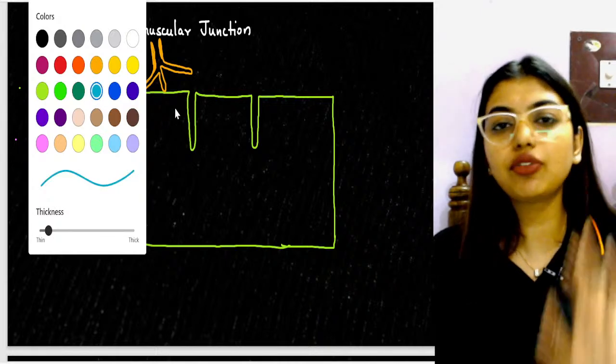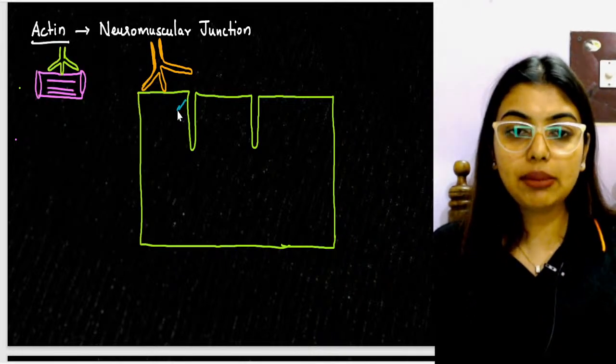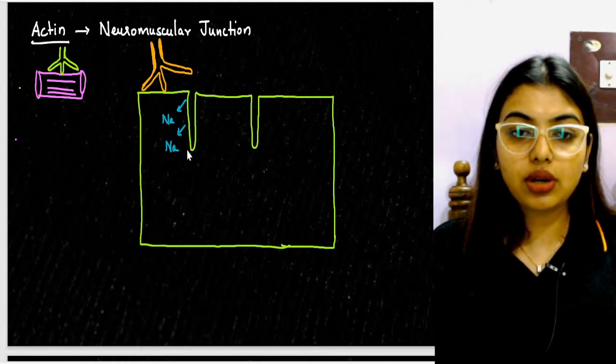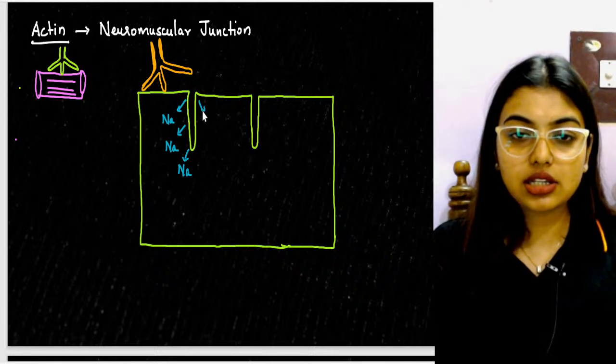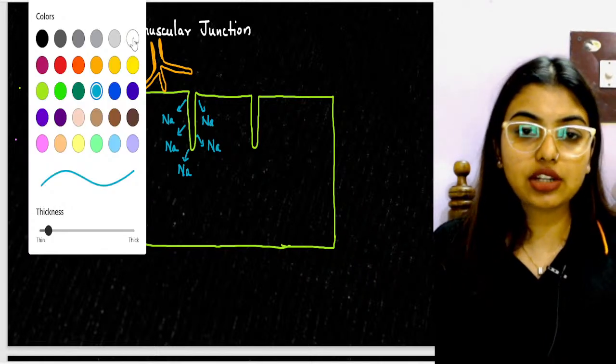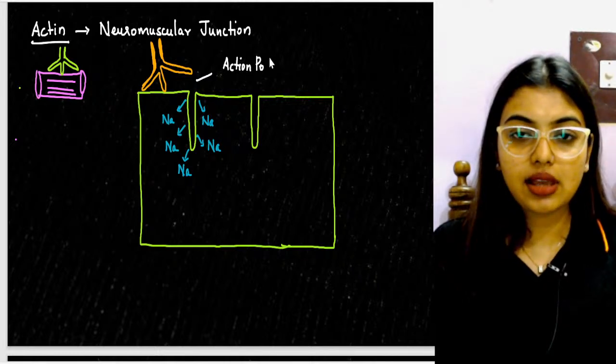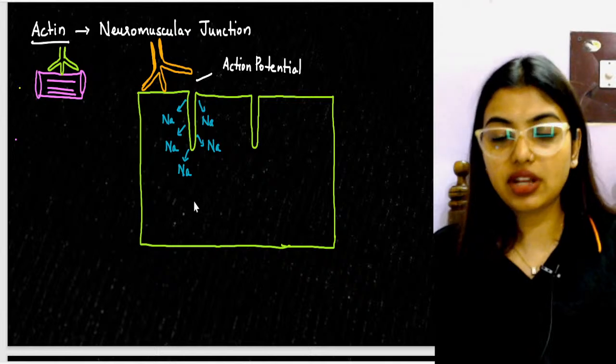All this you know from the neuron chapter. The sodium influx will happen near these T tubules, because of the creation of an action potential. The first step was the action potential. As soon as the action potential happened, the sodium influx started.